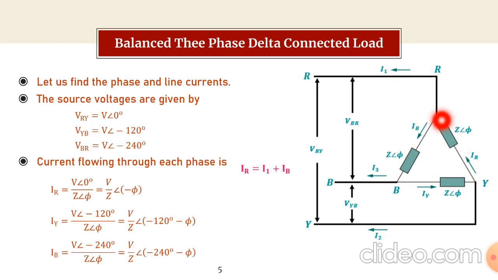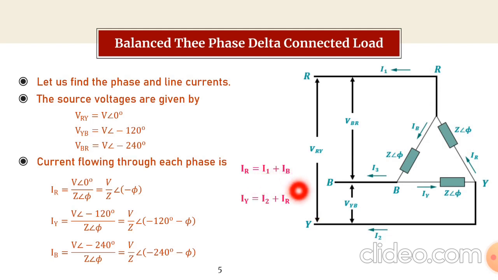Therefore, as per Kirchhoff's current law, incoming current is equal to outgoing current. So IR is the incoming current and I1 and IB are going away. Therefore, you can add them.